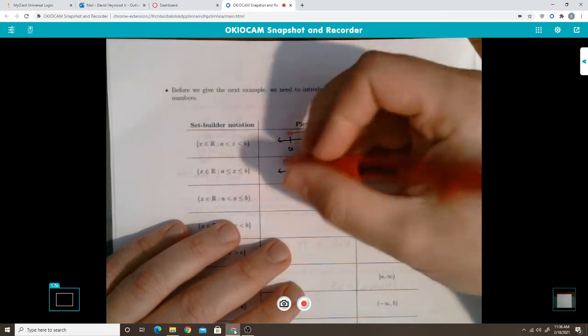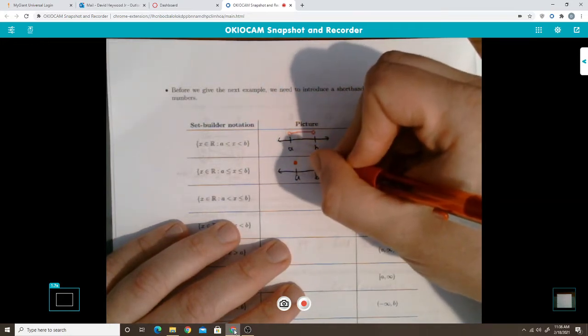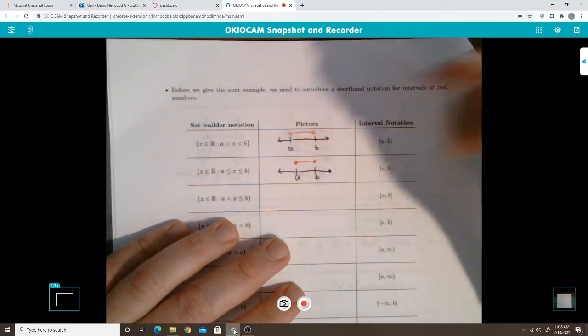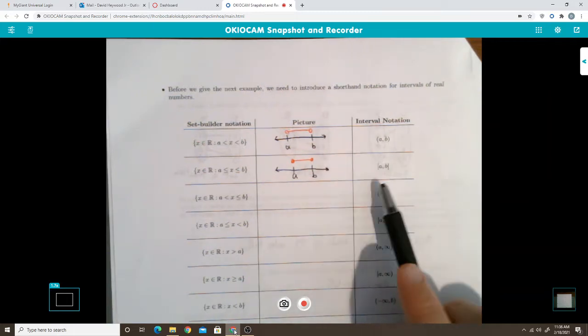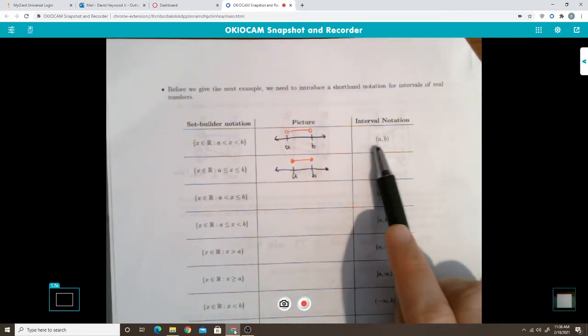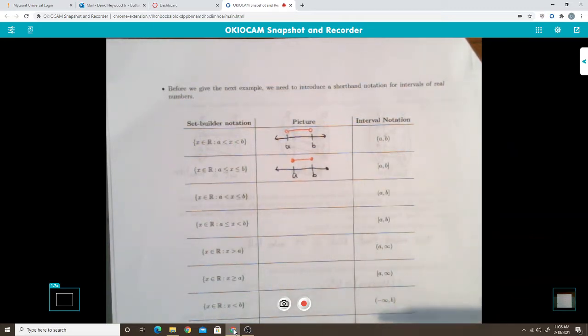Right, this time we use filled in circles to indicate that a and b are elements of the set. Okay. In the interval notation, we make that change by just changing the parentheses to brackets, right? So the brackets indicate that a and b are in the set. Okay.